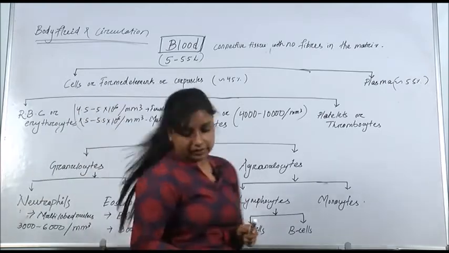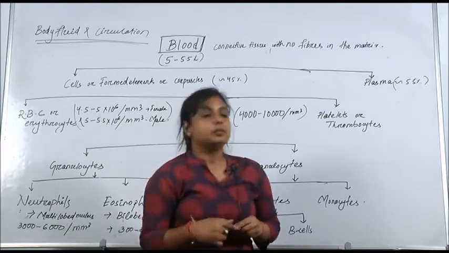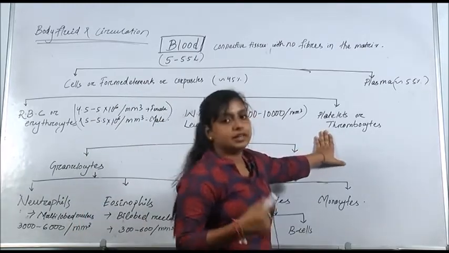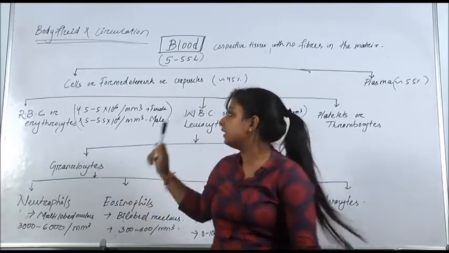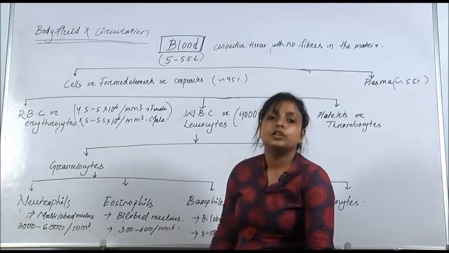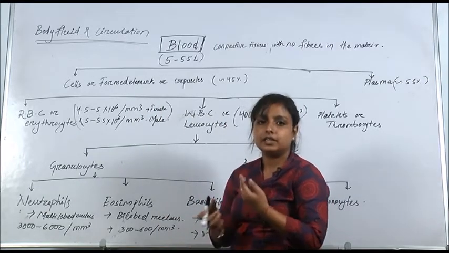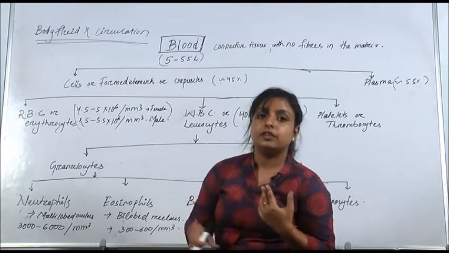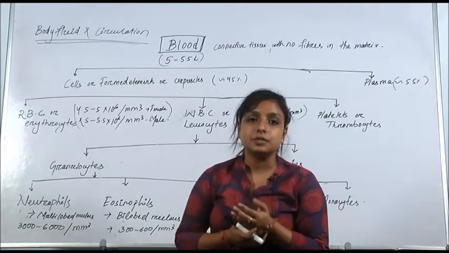Now coming to the platelets. Platelets are the second most abundant cell type in the blood after RBC. The platelets are responsible for blood clotting. Suppose there is a cut in our body, so blood will continue to flow. After some time, the blood automatically stops flowing.